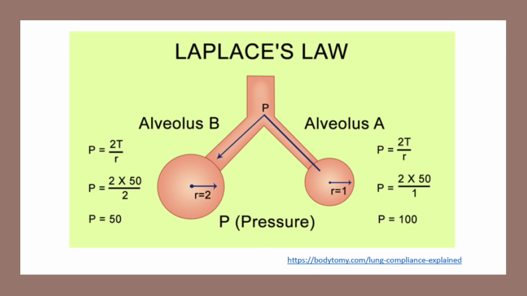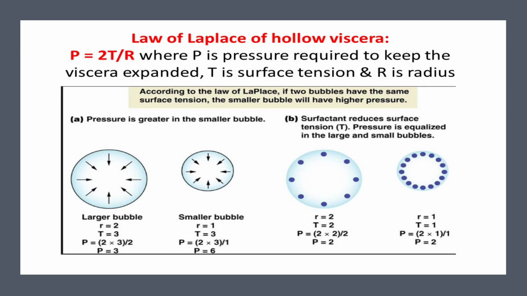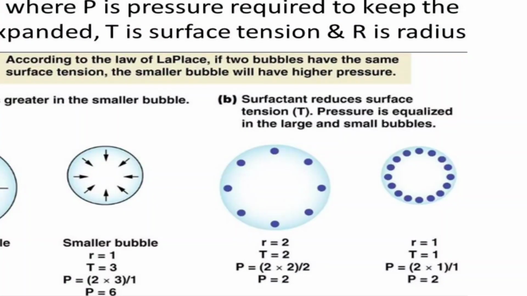How is it keeping this? When the alveoli become smaller and smaller, in this picture you can see that the density of surfactant molecules per unit surface area is lesser in the larger alveoli, but the density of surfactant per unit area is more in the smaller alveoli.